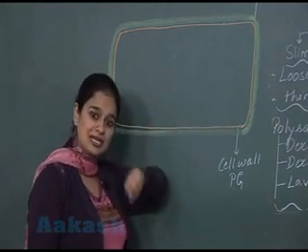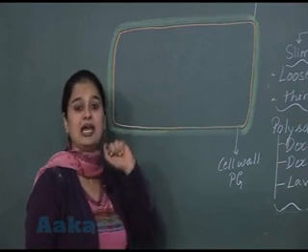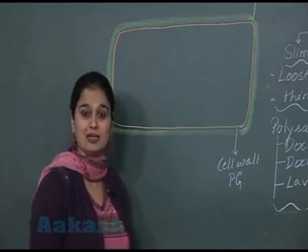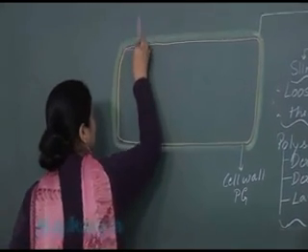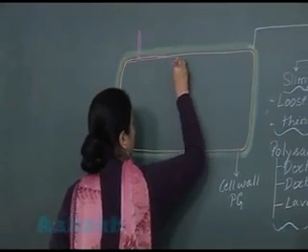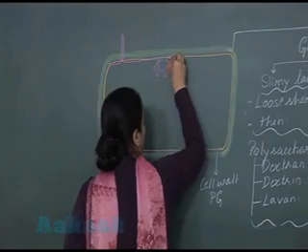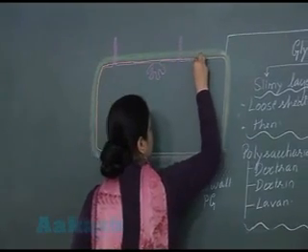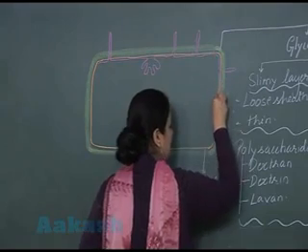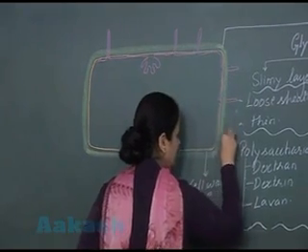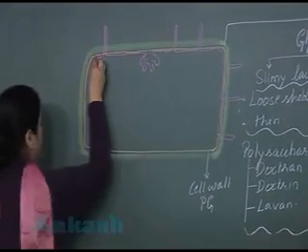Now below the cell wall there is another layer, the cell membrane. This layer, inner to the cell wall, is known as the plasma membrane, or cell membrane.